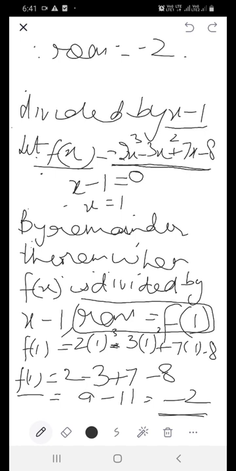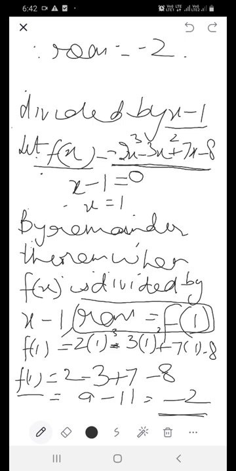Now your exercise is based on the remainder theorem plus the factor theorem. If you divide the given polynomial by x minus 1, you get a remainder of minus 2. Suppose you do not get any remainder, in other words your remainder comes out to be 0. If the remainder comes out to be 0, then we say that it is a factor.